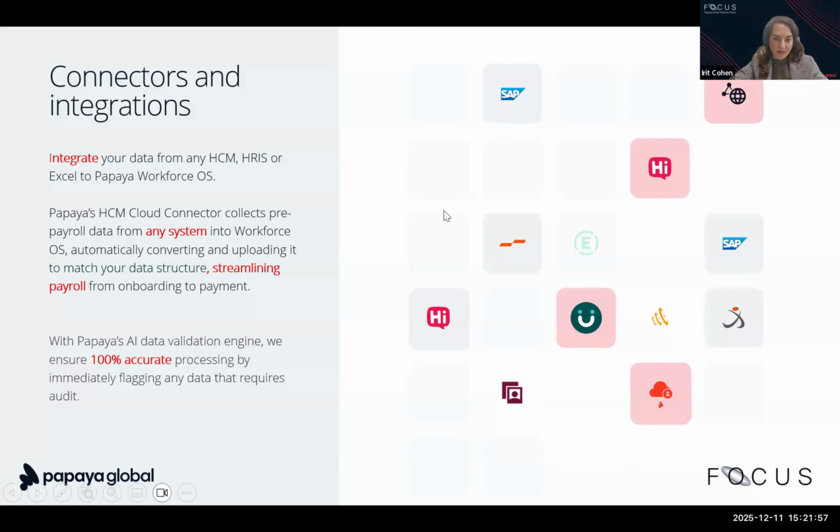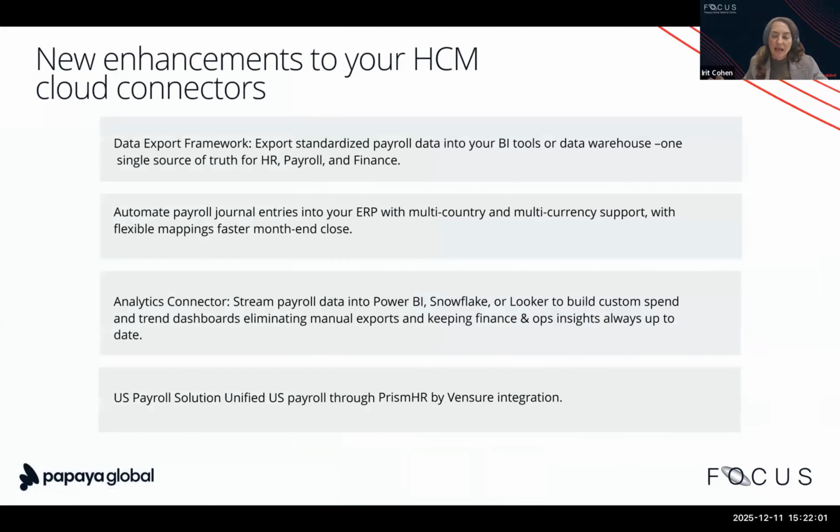So let me talk you through the new features that we have released and tell you a little bit more about them. In the last year, we've been working really hard to enable the same flexibility as you have in entering data into the platform, also in the ability to export data from our platform.